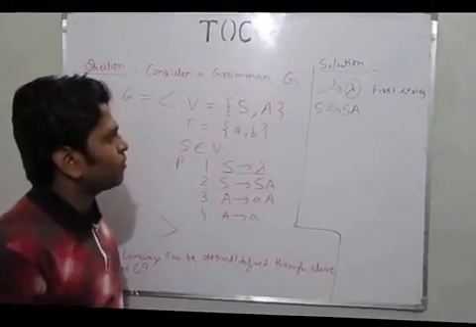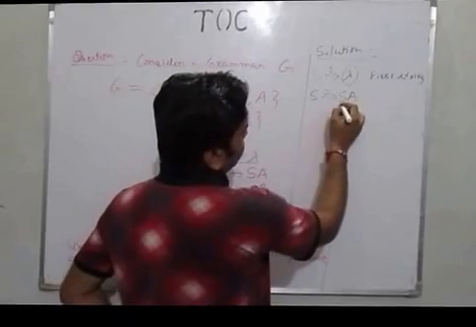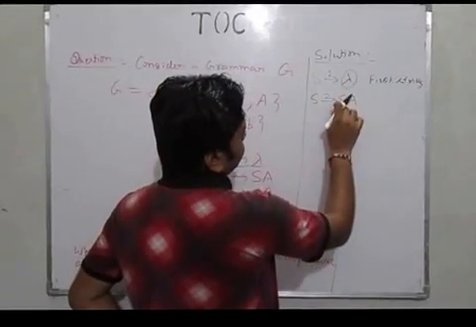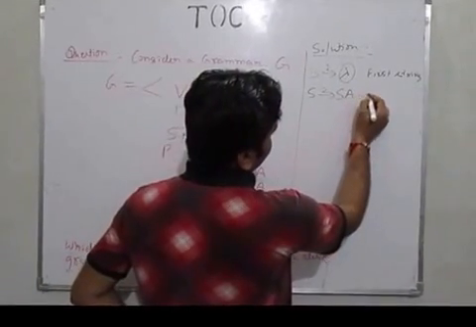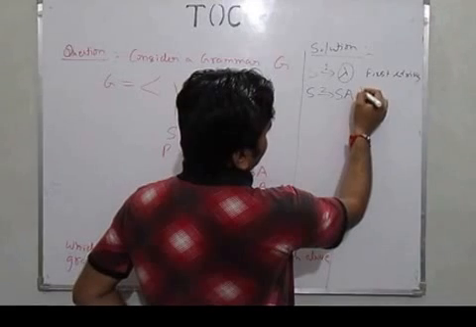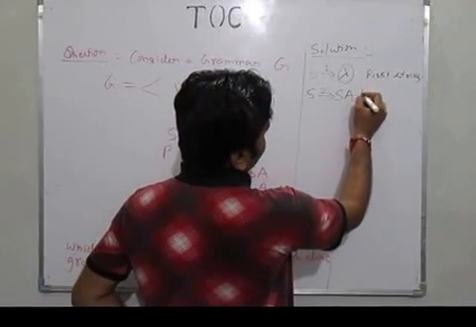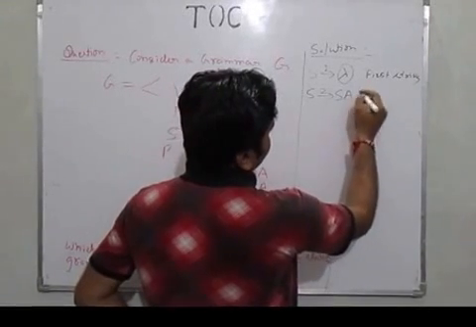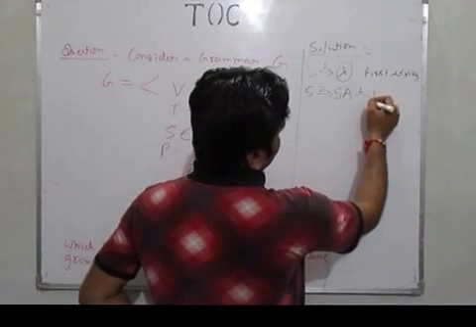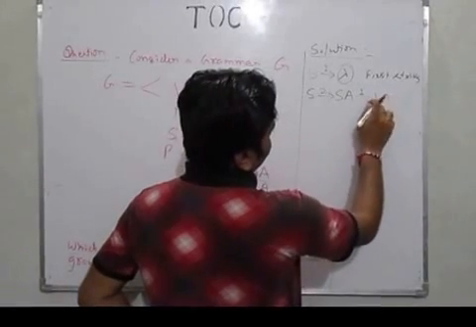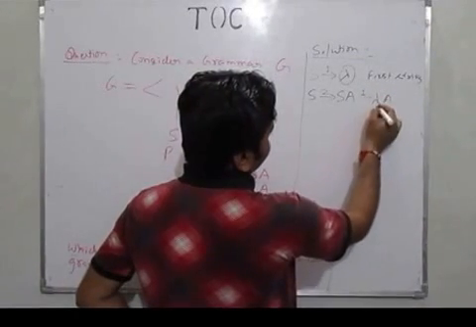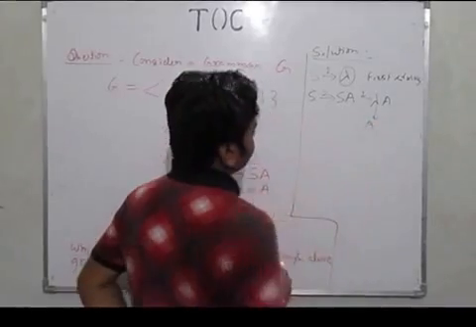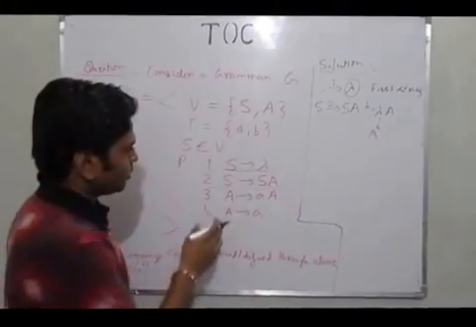So what we can form here is, we can simply put lambda in place of S using production number 1. We get lambda dot a, and lambda dot a is nothing but a.